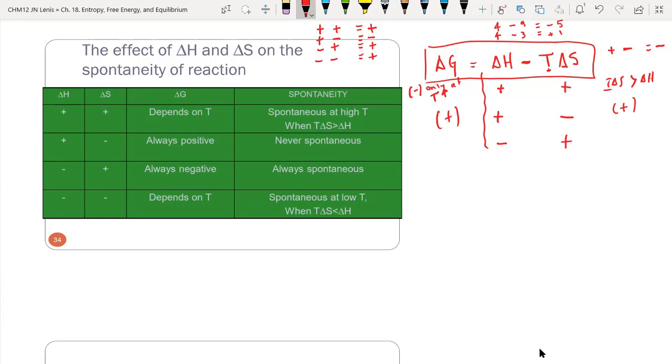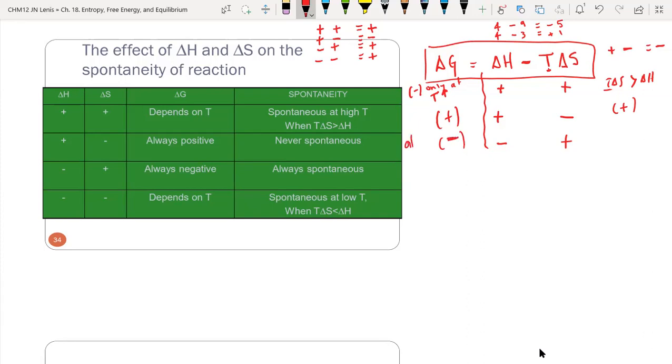And negative plus negative is always negative. So this is negative, and this is negative. Delta G is going to be always negative. Means what?